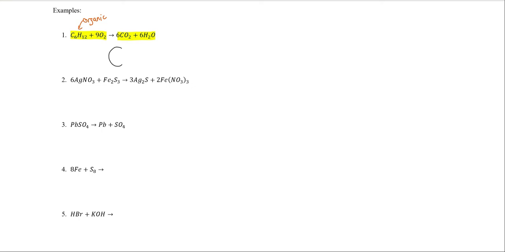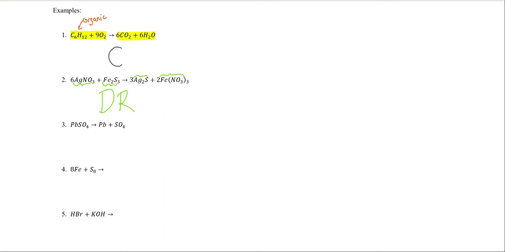Let's move on to the second. This one, I see I have a compound reacting with another compound. And what has happened over here, it looks like they just swapped partners. Two compounds react together. That is the rule for your double replacement. And we see that they did double replace.